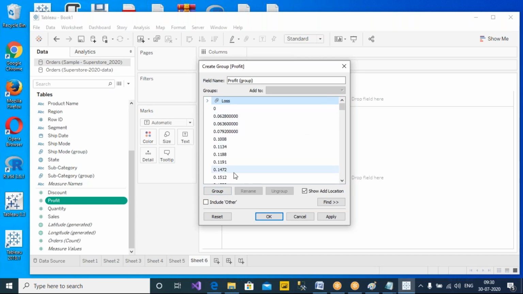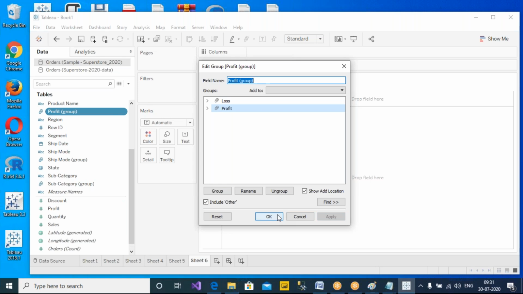And these are all the positive numbers, so I would say include other and then rename this. Let's call it profit. Now I want to see how much total loss I got till now, and how much profit I got. Any business person can validate these options. Yes, let's click apply.